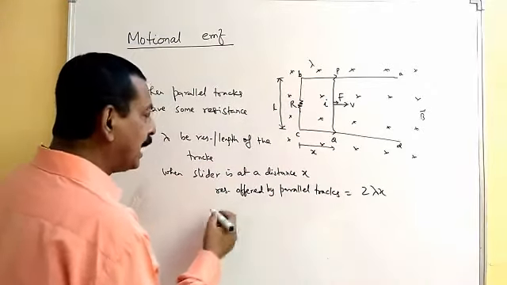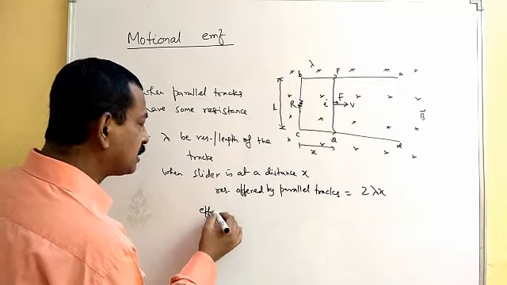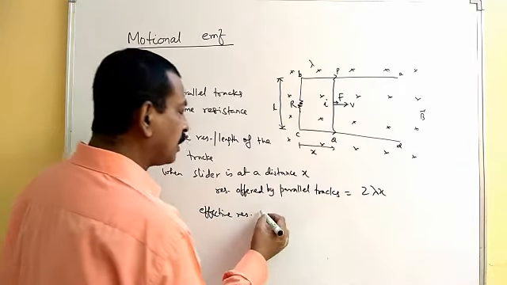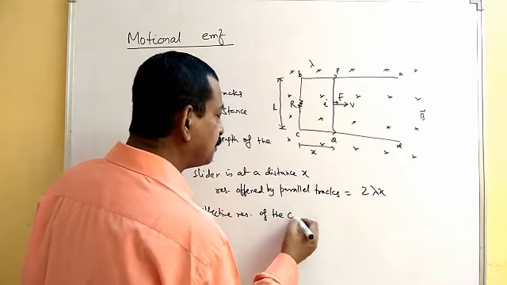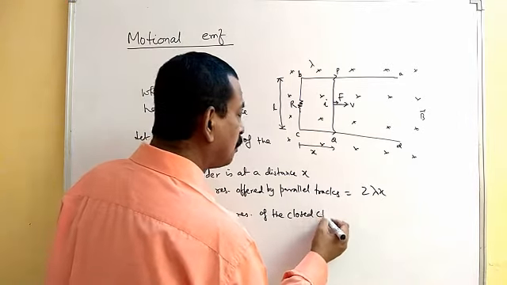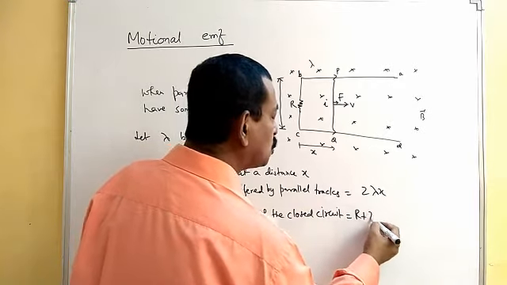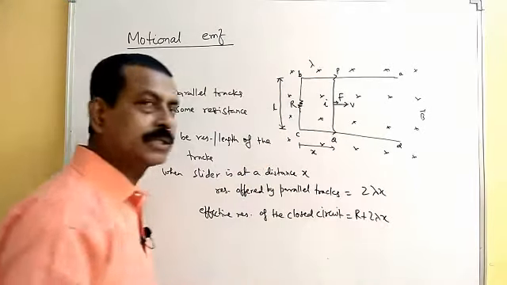So in that case, the effective resistance of the closed circuit will be equal to R plus 2 times lambda x.